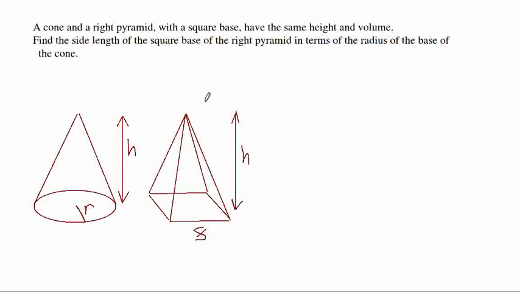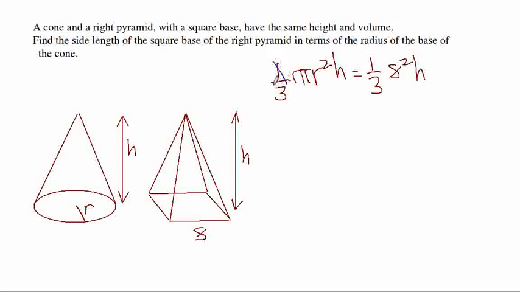All right, so the volume of the cone and the pyramid are the same. So 1/3 pi r squared h is equal to 1/3, and the area of the square would be s squared times h. And so we want to solve for s in terms of r.